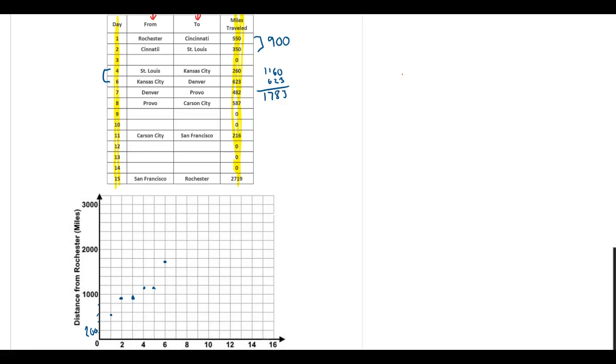On the 7th day, another 482 miles gets driven, which is a total of 2,265 miles, or a little bit more than 2,200 miles.